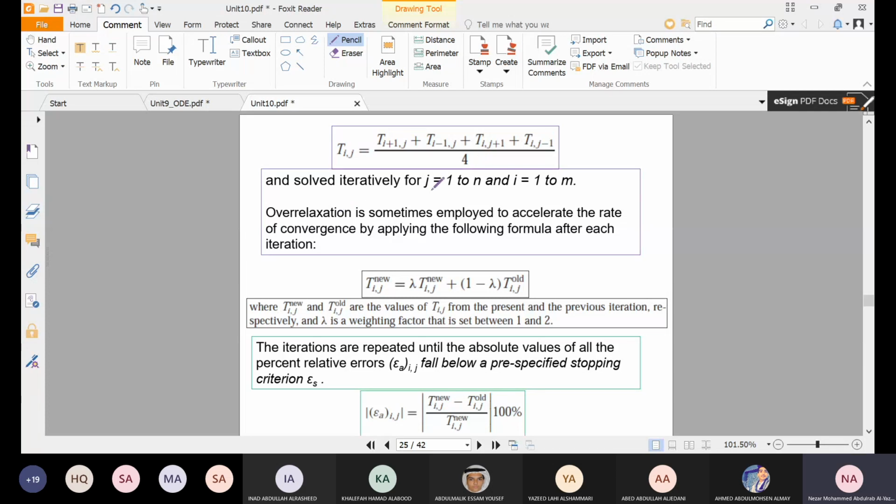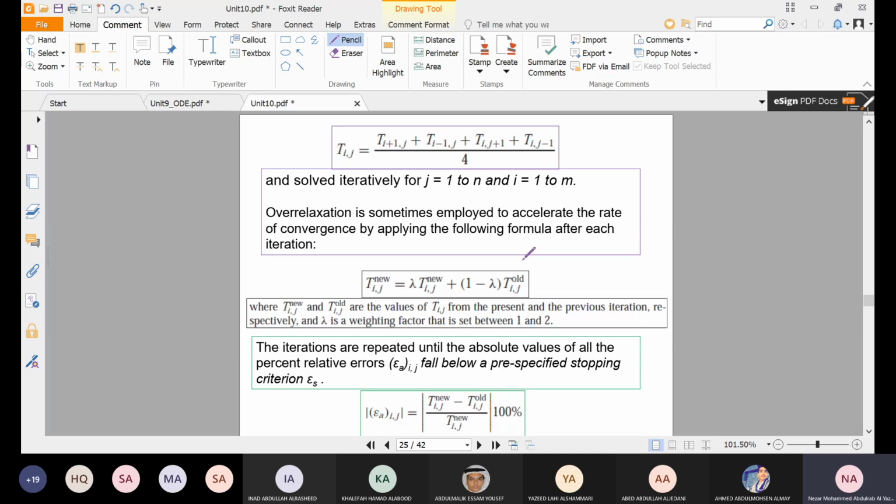So by solving these iterations for i or j starting from 0 to n, and also i from 1 to m, we can use the over-relaxation method, and we call this the over-relax algorithm.